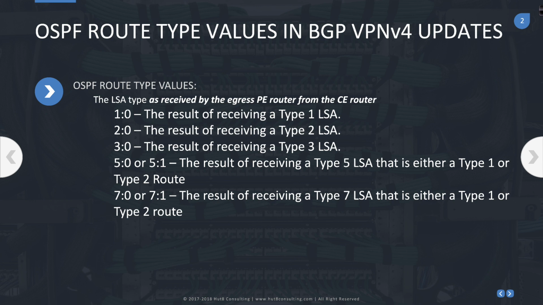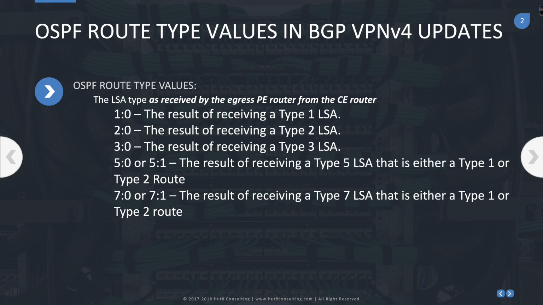When we're talking about the value 1:0 or 2:0, that route type value and options field value of 0, what that represents is that the PE router is learning about that OSPF prefix from an intra-area LSA, again, coming from the same area that's shared between the PE and the CE router.